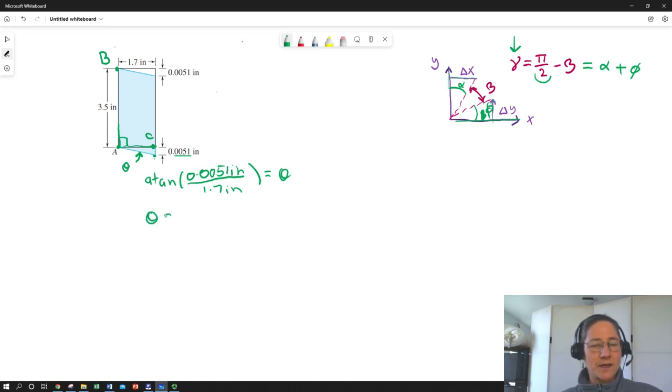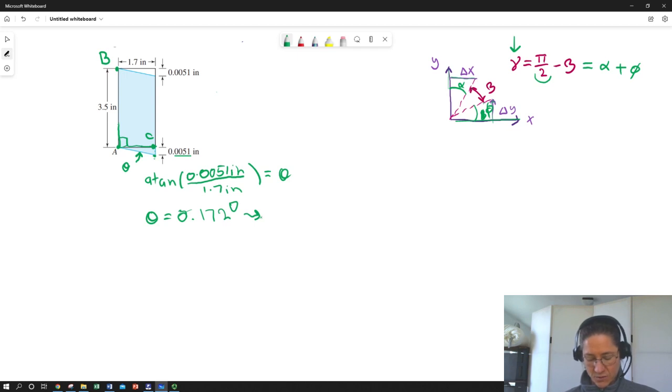Let me grab our calculator and calculate theta: 0.0051 enter, 1.7 divide, so the argument of the arctangent is 0.003, atan, and that gives me about 0.172 degrees, but I need this in radians to define strain.